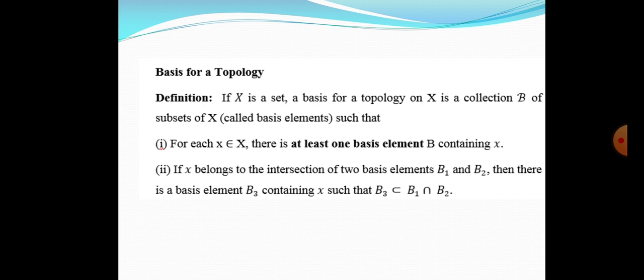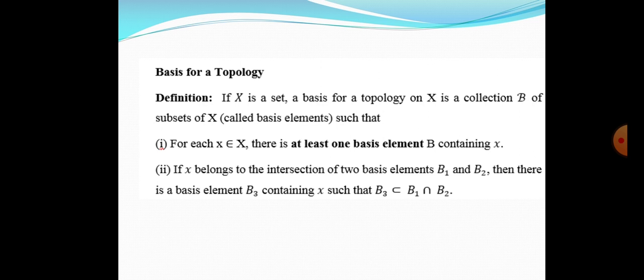For example, if script B is a basis, the basis elements are capital B1, capital B2, capital B3, etc. Here, for small x, there is at least one basis element B containing x. That is the first condition.